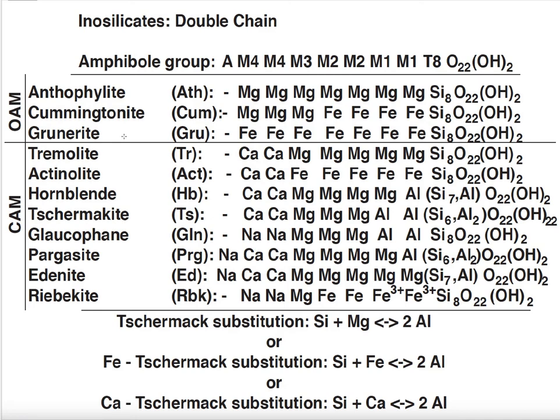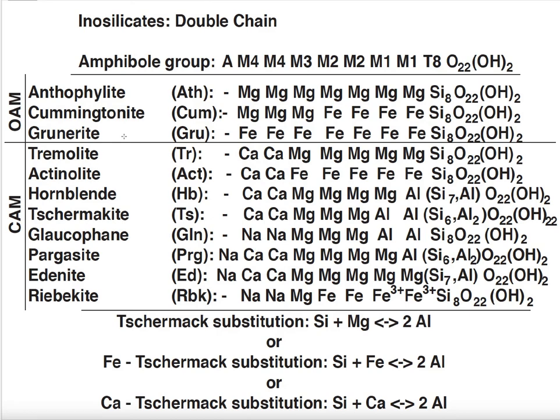The charge balance is the same. Whereas the edenite exchange, that is then just sodium balanced with 1 aluminium on the tetrahedral side.